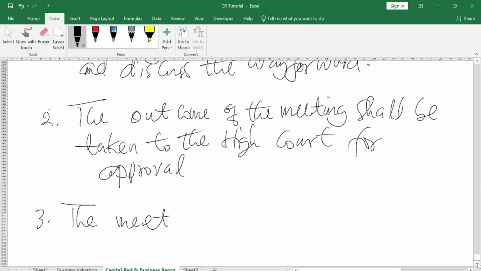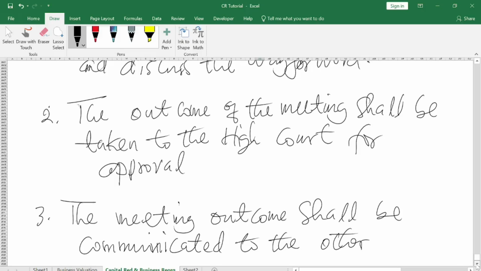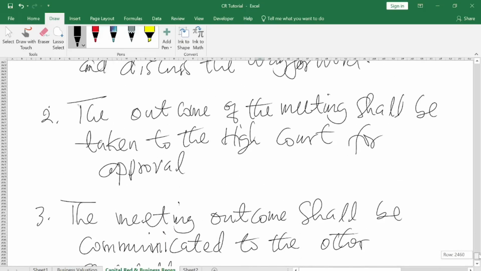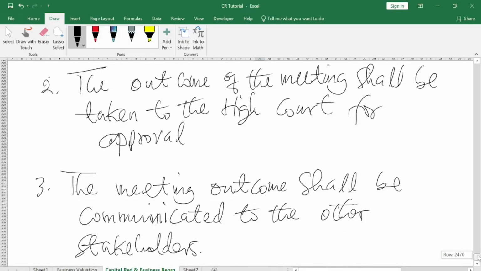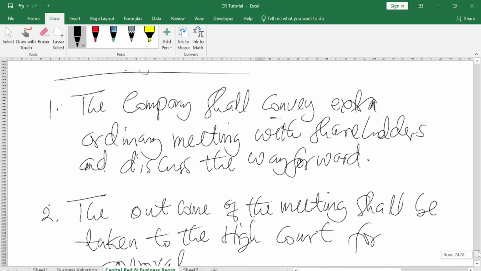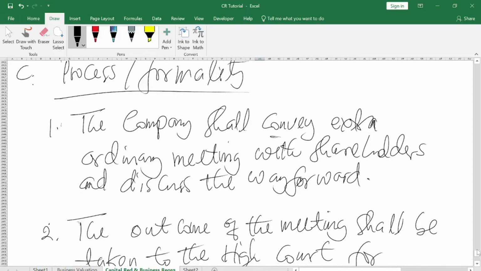The meeting outcome shall be communicated to the other stakeholders. So these are the three formalities, or the three processes, that they go through before it is approved for the company to go on with the capital reduction.